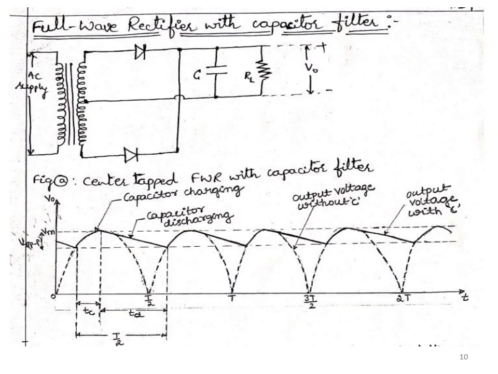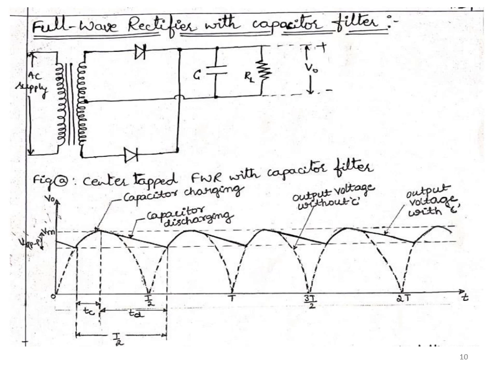Now consider the full wave rectifier with filter. As we used the capacitor in the half wave rectifier with filter, in the same way we need to connect the capacitor across the load. So consider the full wave rectifier with filter circuit.